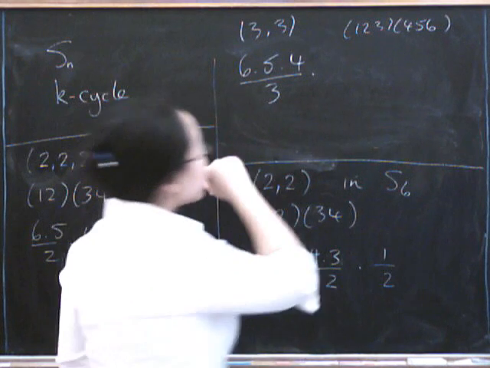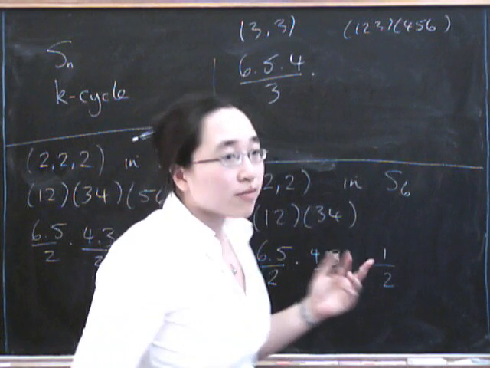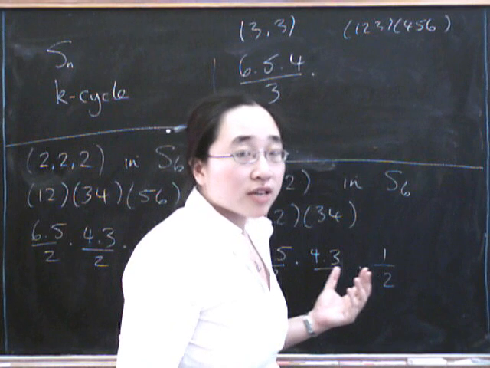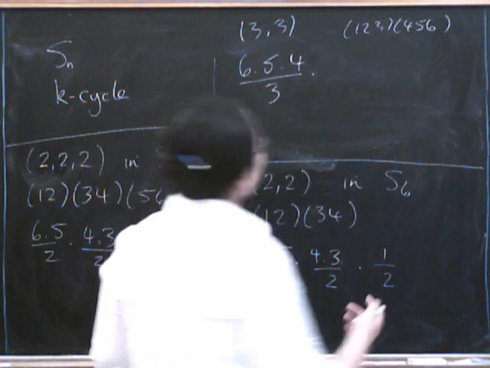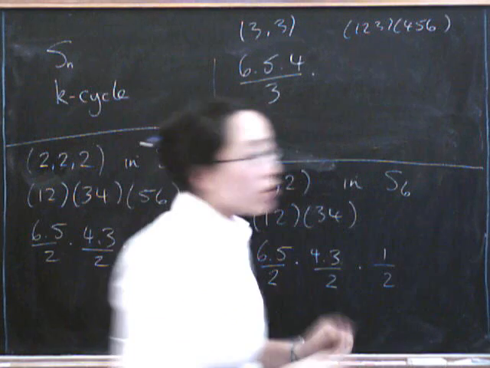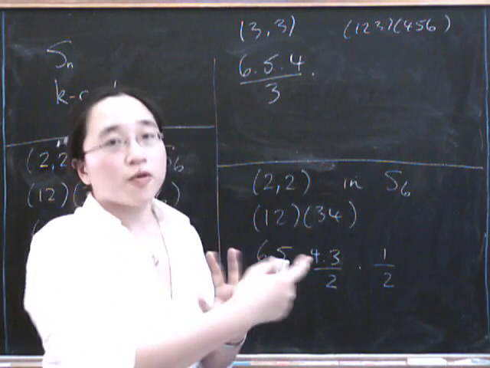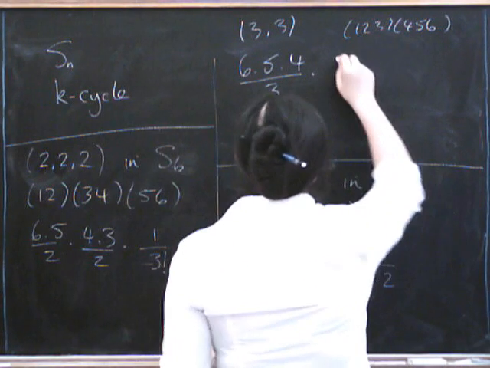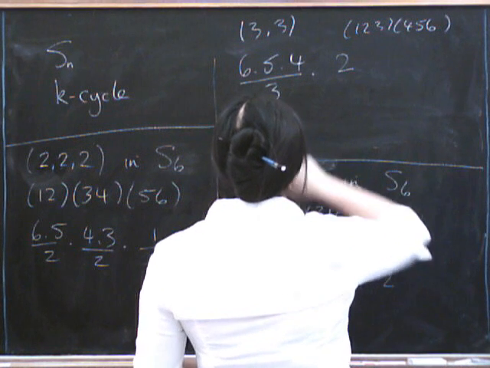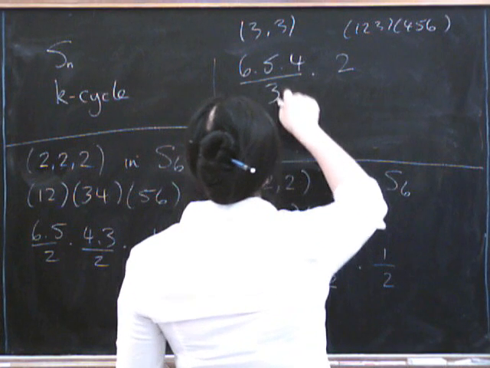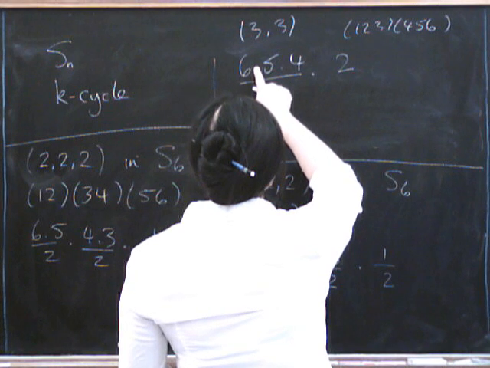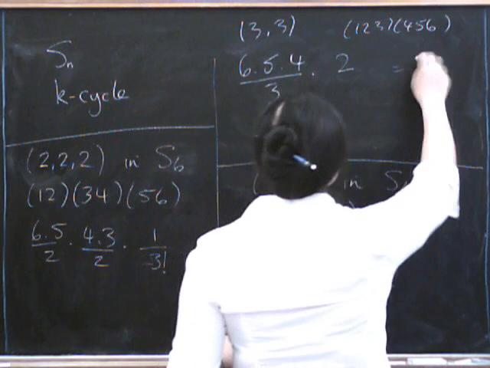You can say to yourself, well, I've got 3 numbers left. How many different 3-cycles can I make out of 3 numbers? Oh, well, I can only do 2. If you've got 3 numbers already, there's the forward cycle and the backward cycle. So now you can just multiply this by 2. And if you work out what this gives you, this cancels down to 2, so we get 1080.